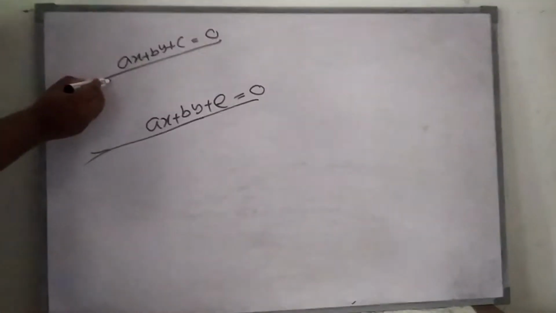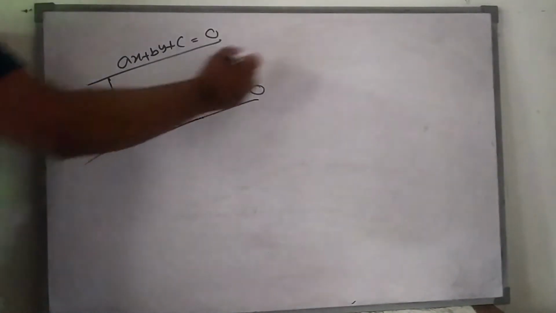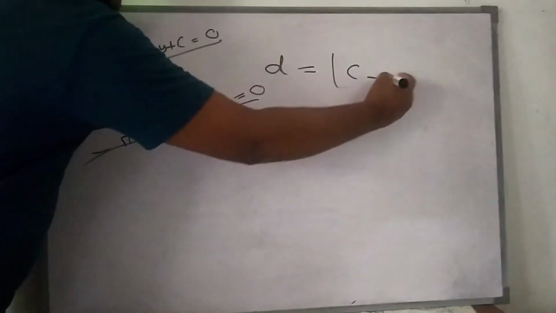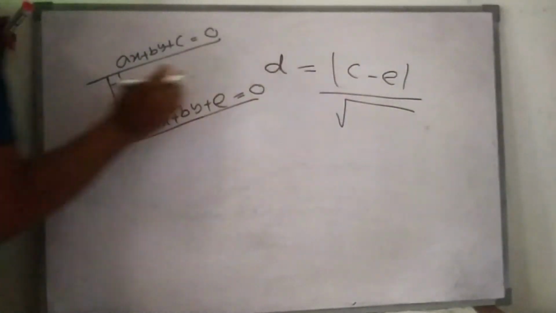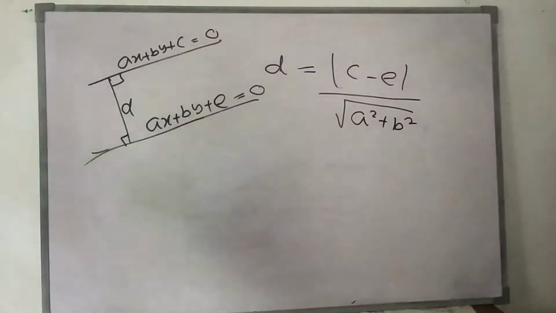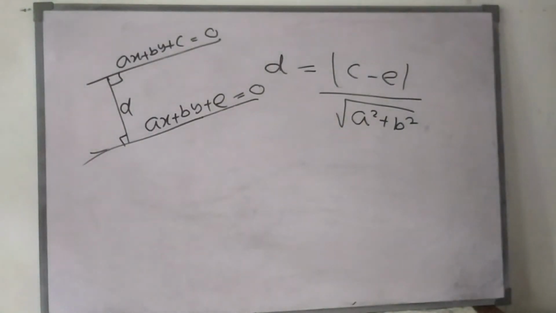So the perpendicular distance d should be equal to c minus e over the square root of a square plus b square. So this is the perpendicular distance between two parallel straight lines.